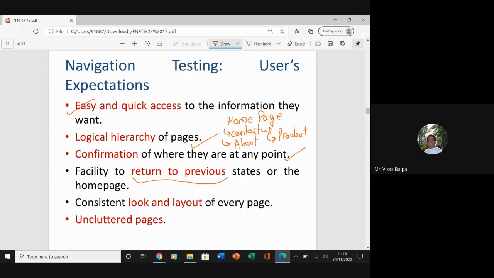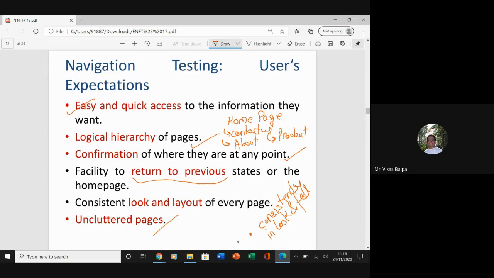So there will be a consistency in look and feel, and that's how you are able to retain the user, right? Because if there is a consistency, the users will be there on your portal.